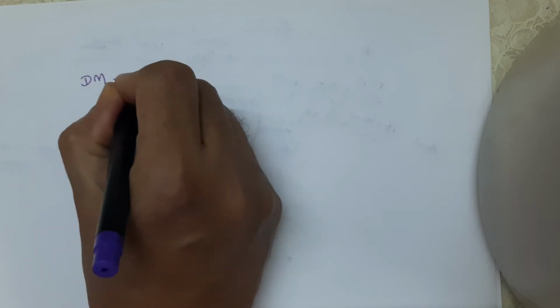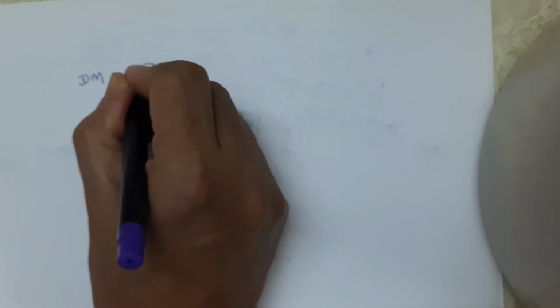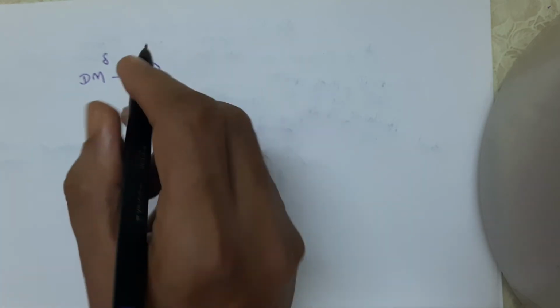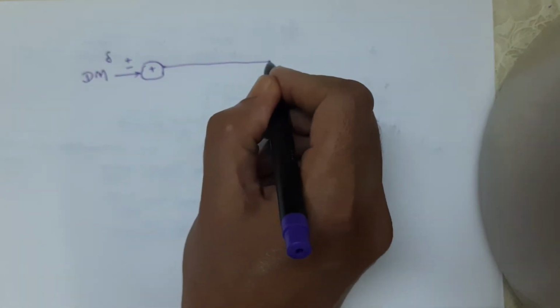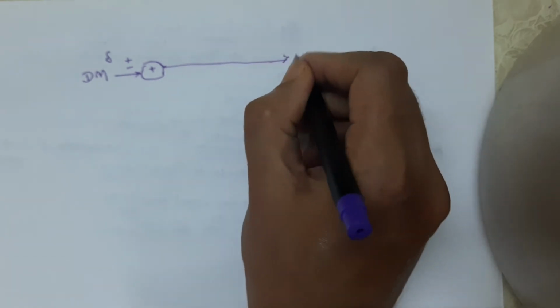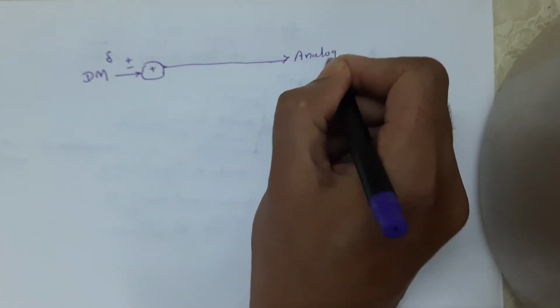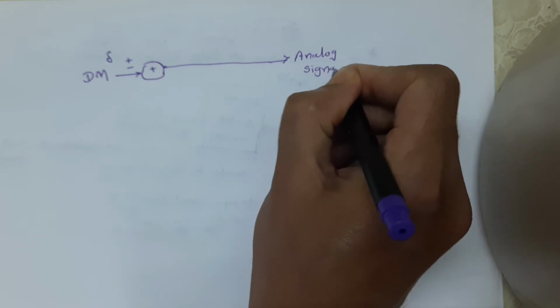This is your DM. It is given to the plus or minus delta, then it is given to the converted analog signal.